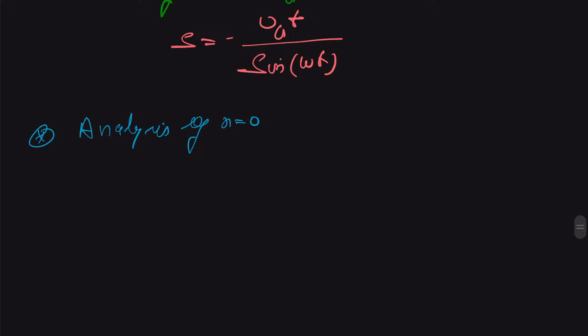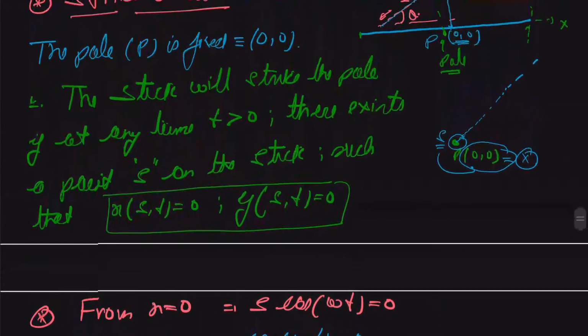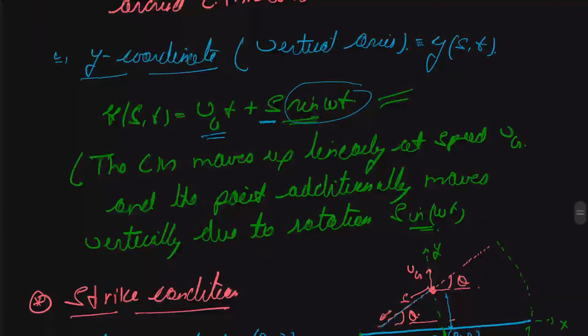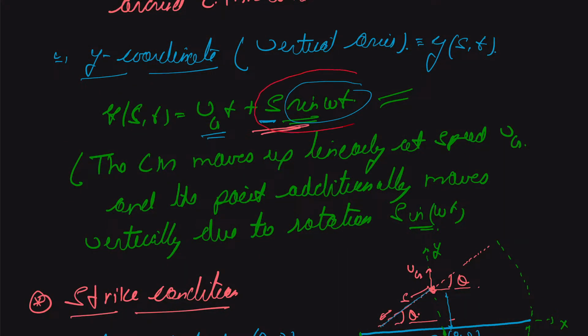For s equal to 0, we can write our y, which is v of g times t, because if you put s equal to 0 in this equation, this entire term will be equal to 0.